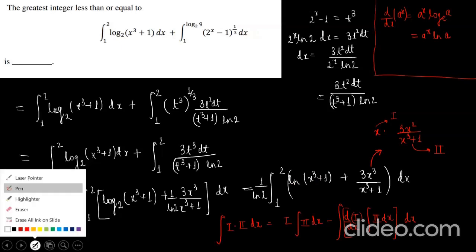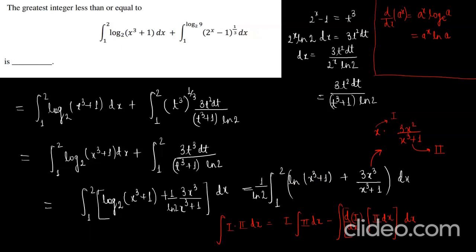Which is this one, greatest integer less than or equal to. If you have read this before, this means the answer will always be an integer. How will we decide which integer it will be?